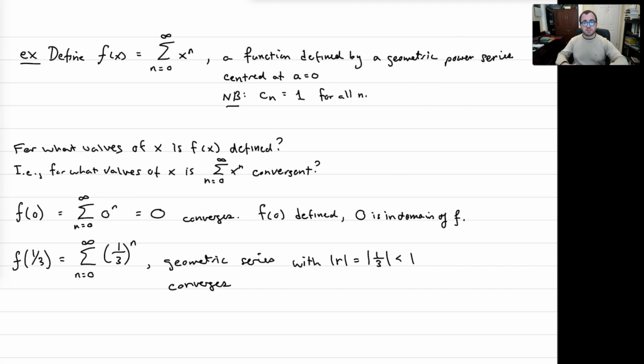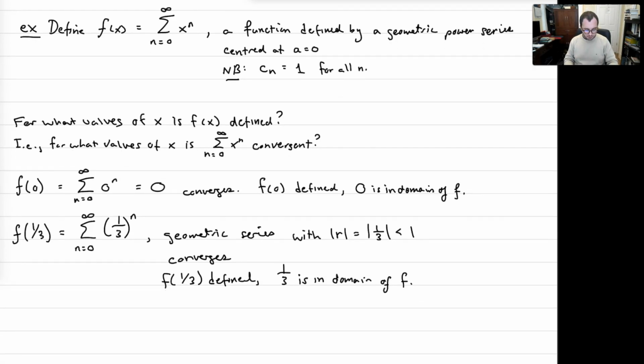All I care is that it converges to a value. I plug 1/3 into this function, and it gives me the series (1/3) to the n. And since that's a geometric series with r less than 1, it converges. So f of 1/3 is defined. 1/3 is in the domain of f. So things that I plug in that result in a convergent series are in the domain of the function that I've defined. Let's plug in one more.